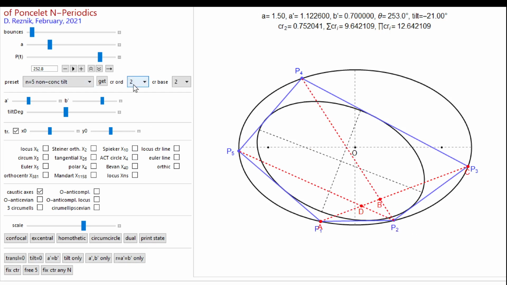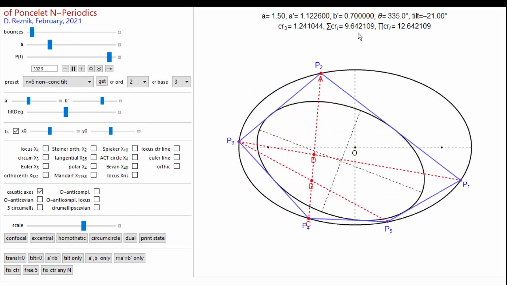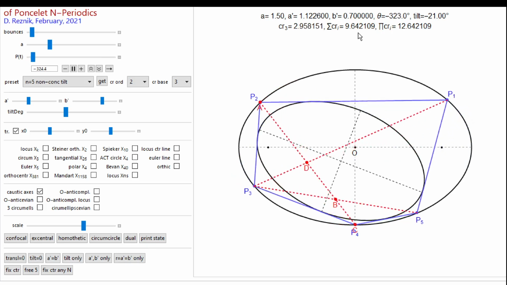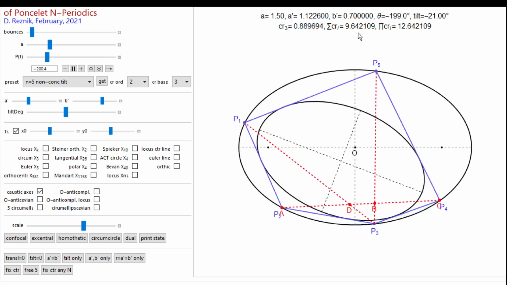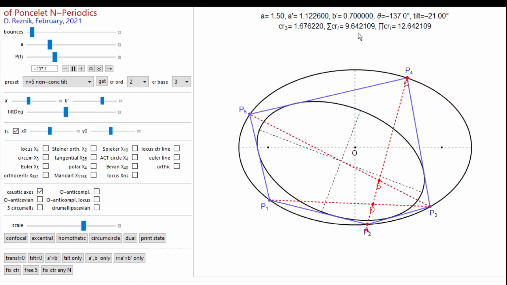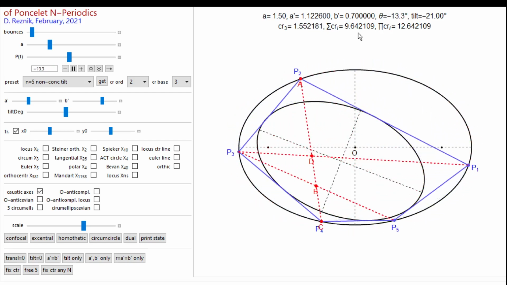Let's look at it on P3. Let's make P3 be the base vertex. A, D, B, C. So when I do this and I compute either the sum of the 5 cross ratios or the product of the 5 cross ratios, you can see experimentally or numerically that for this very special choice, I get this really interesting observation whereby both the sum of the cross ratios and the product of the cross ratios is conserved.